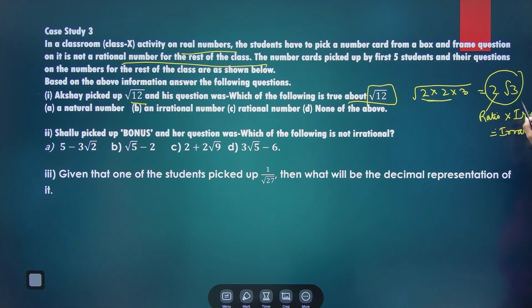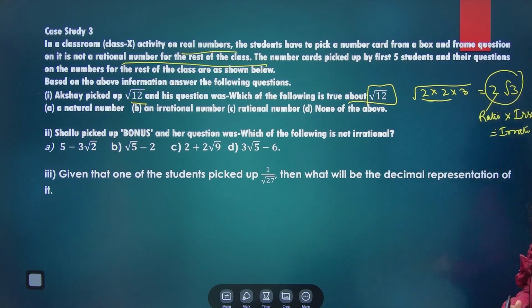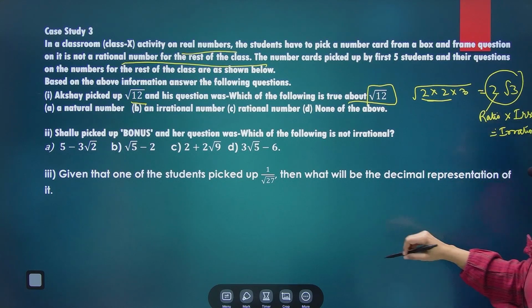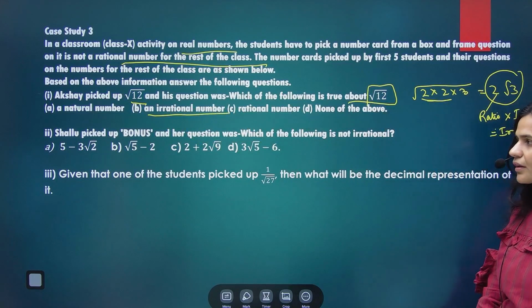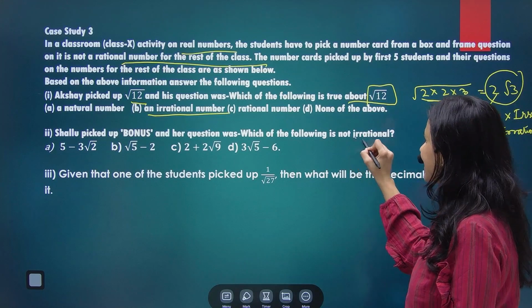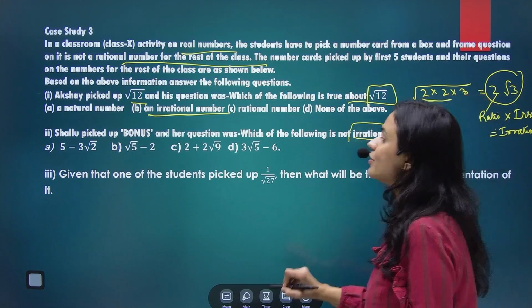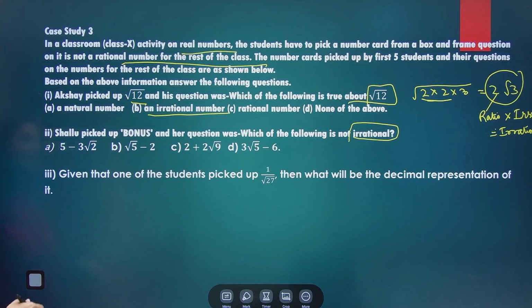आपको पता होना चाहिए ये रूट 3, रूट 5, रूट 2 जो प्राइम नंबर्स के रूट होते हैं, they are irrational numbers. तो this is an irrational number. Shalu picked up bonus and her question was, which of the following is not rational? इसमें irrational, कौन सा irrational नहीं है? मतलब कि आपको rational नंबर बताना है. कौन सा इसमें से irrational नहीं है?